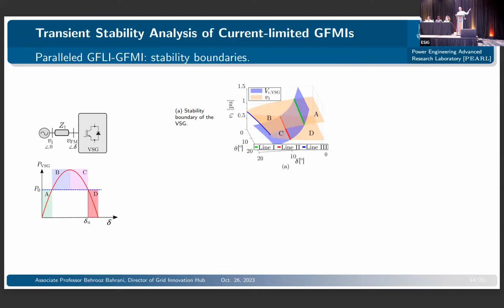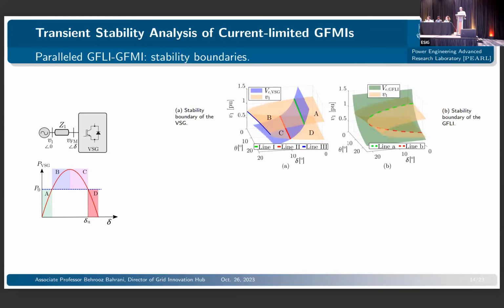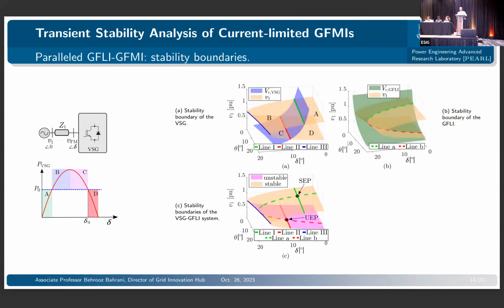So this is the SMIB case, but we were hoping to see what happens if we put a VSG and a grid following inverter next to each other. The two graphs that I'm showing: one of them is a stability boundary for your VSG, and the other is for the GFLI. If you look at them together, you can come up with these boundaries, and I'm very much simplifying what we did here because we don't have time to go through all the details.